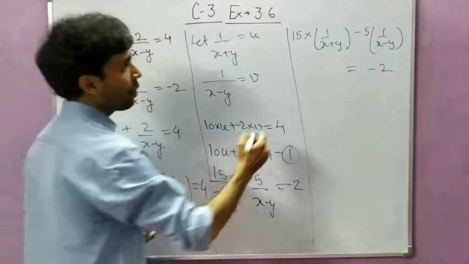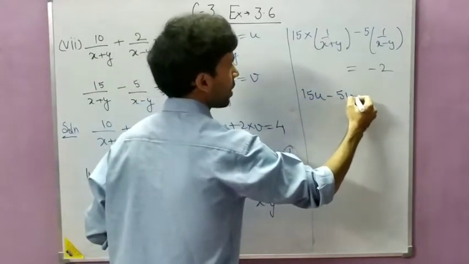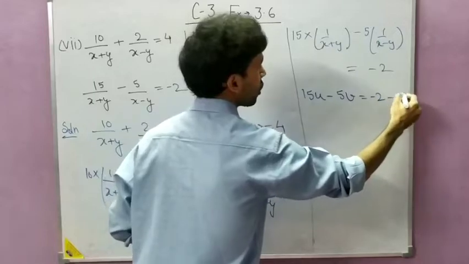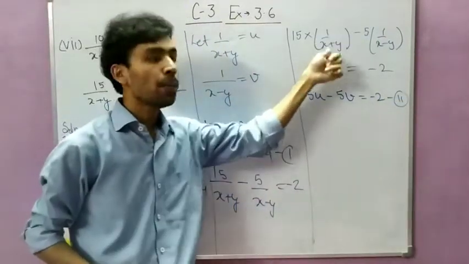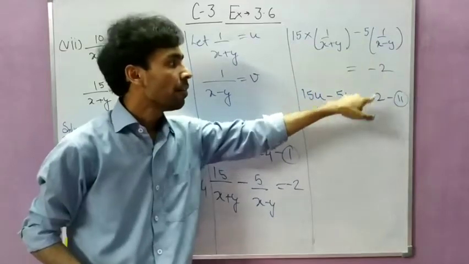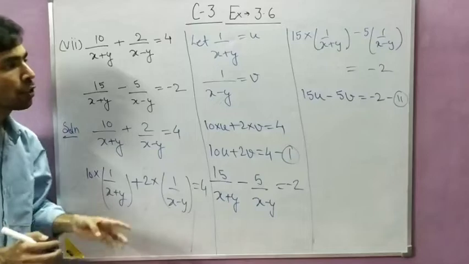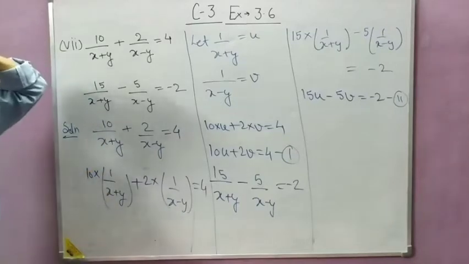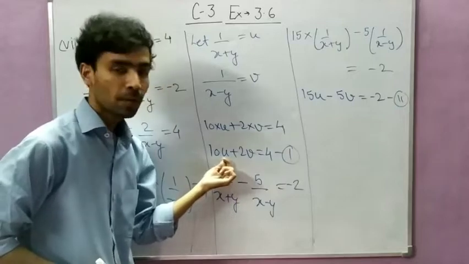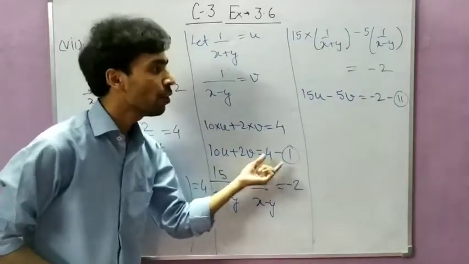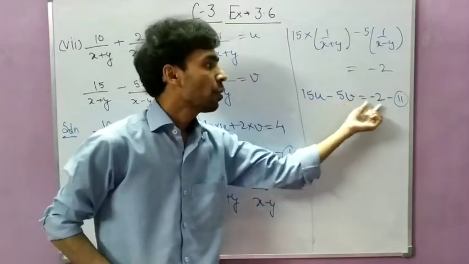So it will become 15u minus 5v equal to minus 2, equation number 2. We have put u in place of 1 upon x plus y and v in place of 1 upon x minus y. So we got these two equations. Equation number 1 is 10u plus 2v equal to 4. Equation number 2 is 15u minus 5v equal to minus 2.